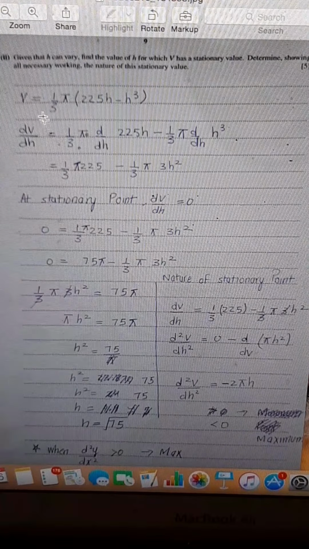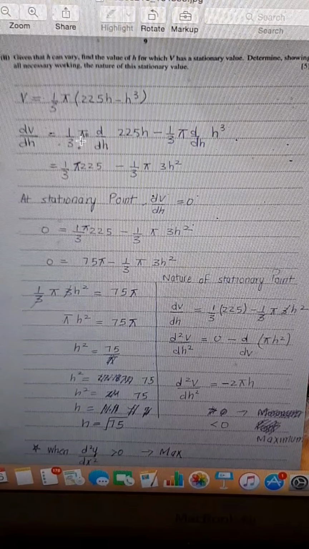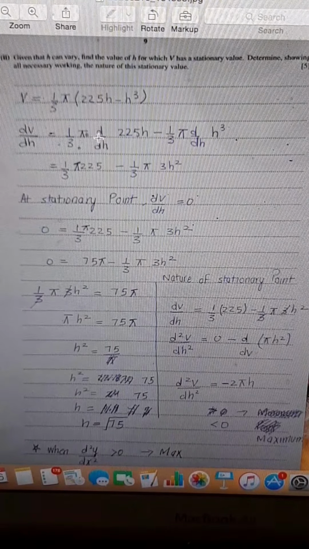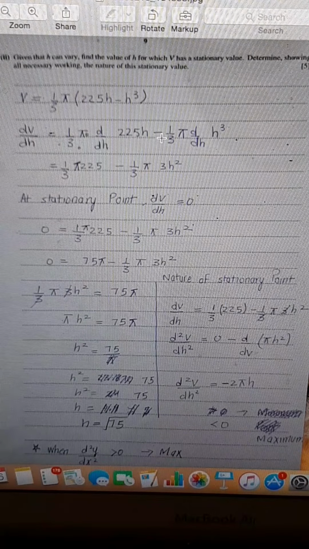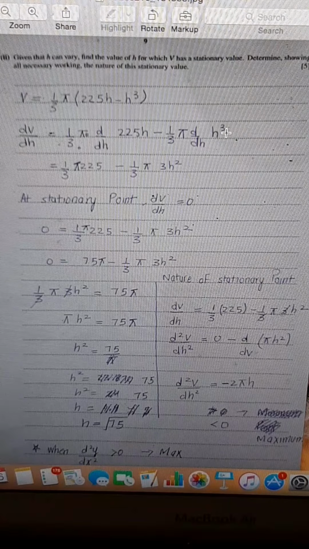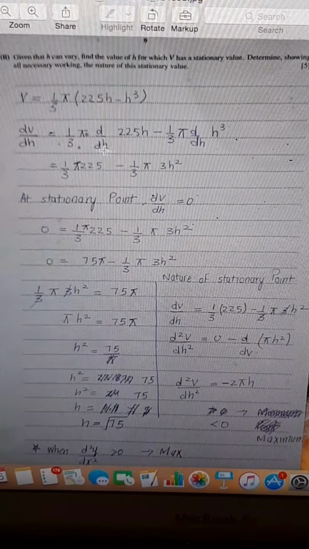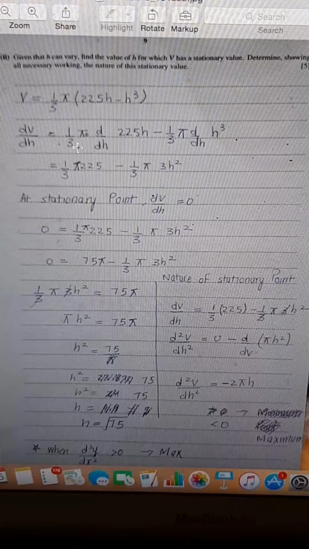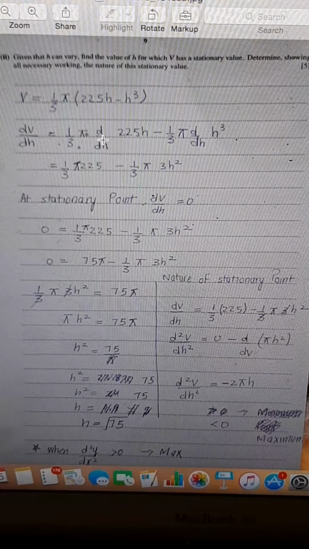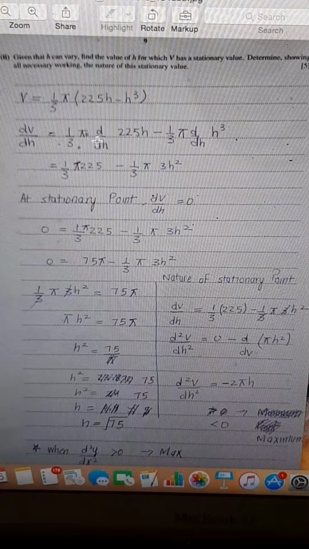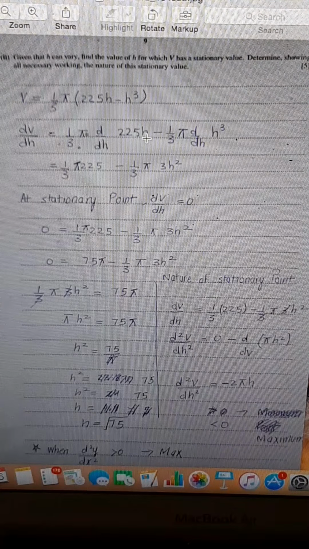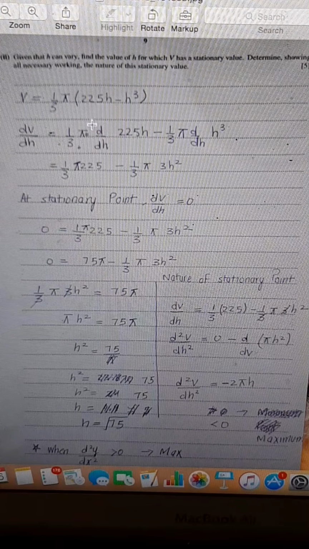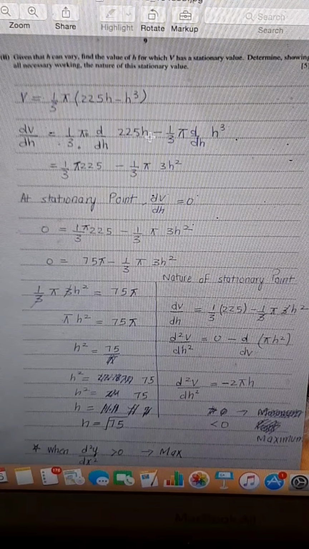So dV by dh is equal to 1/3 pi times d over dh of 225h minus 1/3 pi times d over dh of h cubed. Now I haven't involved 1/3 and pi in the differentiation process because they are both constants. Here h is the variable, so I am taking the derivative with respect to h.